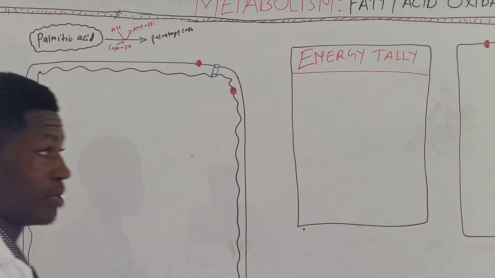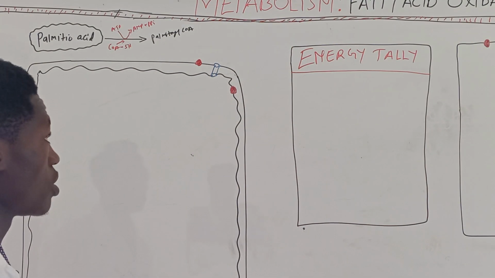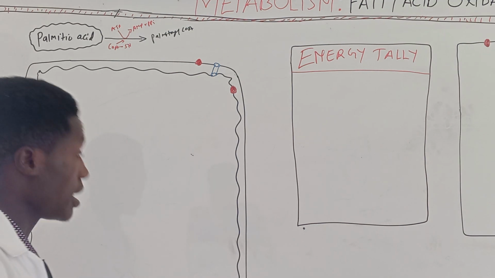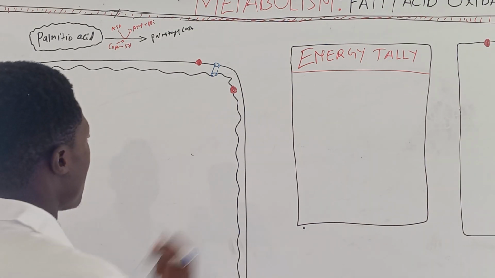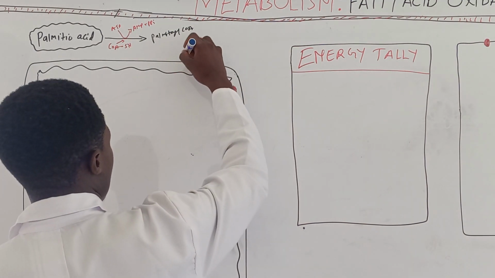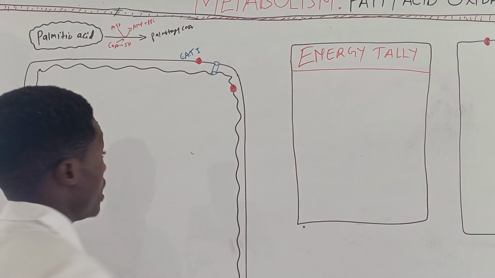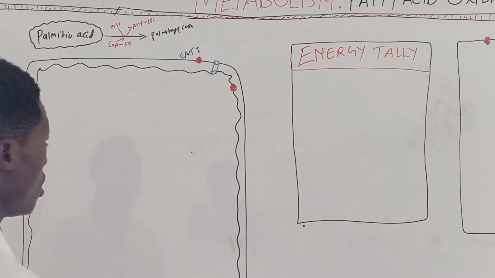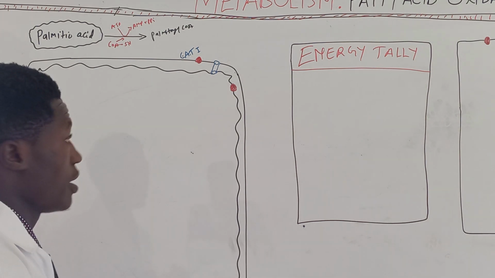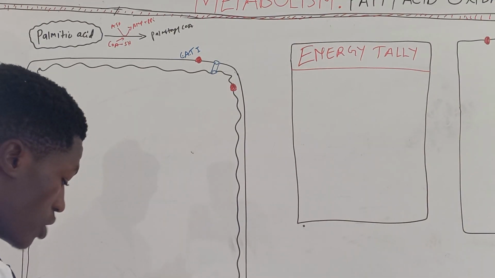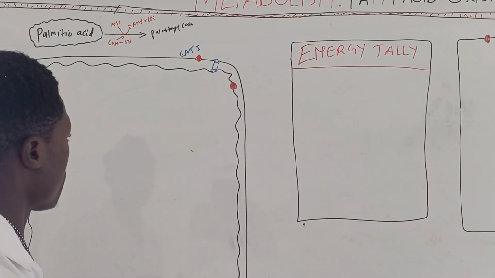Palmitoyl CoA cannot get into the mitochondrion, and therefore we had an enzyme located on the outer surface of the mitochondrion, called carnitine acyltransferase type 1, or CAT1. Specifically, since we are dealing with palmitoyl, it is called carnitine palmitoyl transferase type 1. What this enzyme does is very funny.